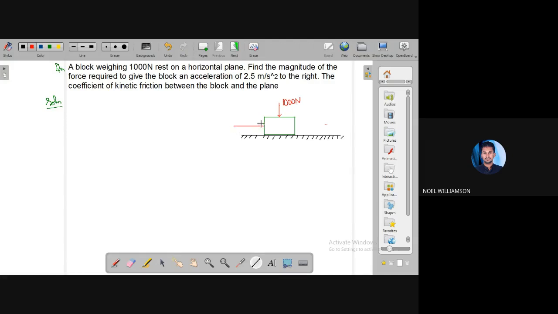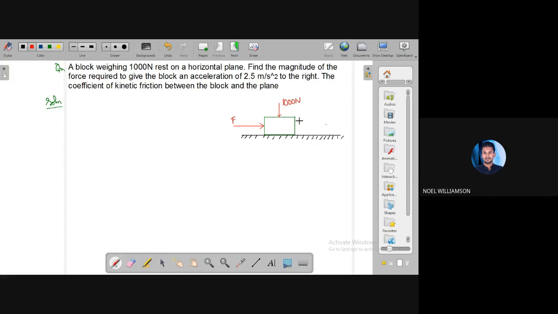Let this be the applied force, let it be F or P. So find the magnitude of the force. The value of F is to be found, required to give the block an acceleration of 2.5 meter per second square towards the right.